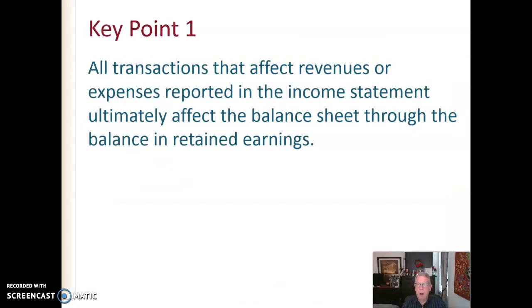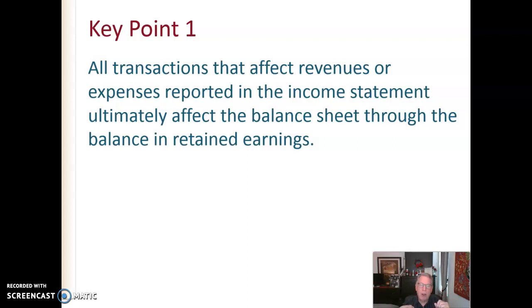Key point. All transactions that affect revenue or expenses are reported in the income statement, and that ultimately affects the balance sheet through the balance in retained earnings. The key word here is ultimately, because we're going to do our income statement, and then at the end of the period, we're going to roll that balance into the retained earnings and zero out the income statement for the next period.